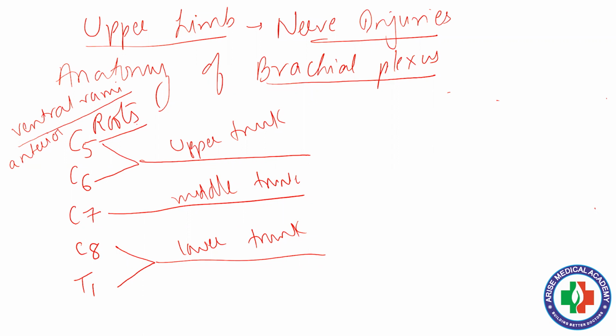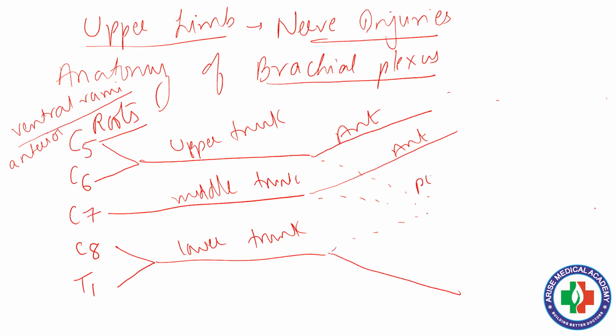Each of these roots then divides into an anterior division and a posterior division. Imagine the dotted lines as posterior divisions and the solid lines as anterior divisions. So each trunk is dividing into anterior and posterior division.